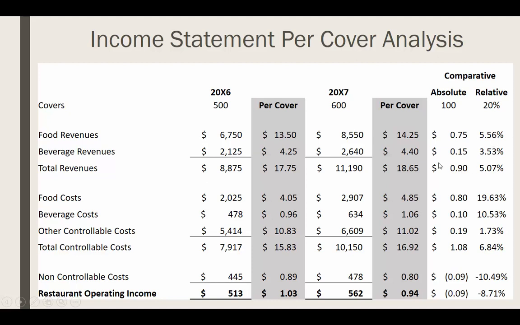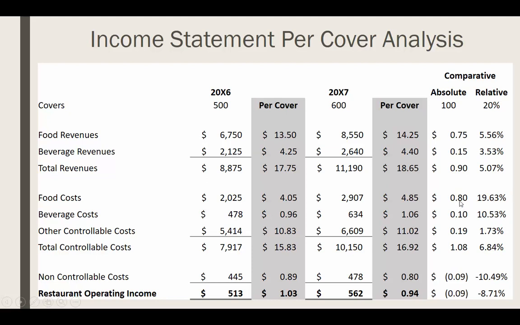So of this 90 cents that I'm making more, 75 cents of it is coming from food. So I went up by 5.56% in food, 3.53% in liquor as far as my per cover basis. So this is good. I'm happy. If I go down though, here's where my costs went up by double-digit percentages.